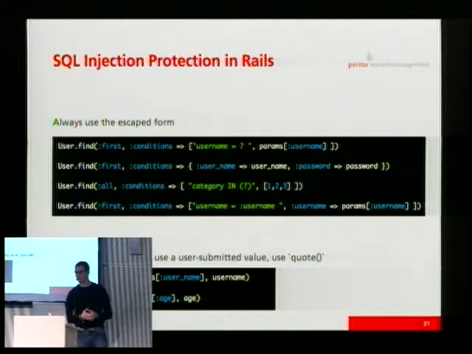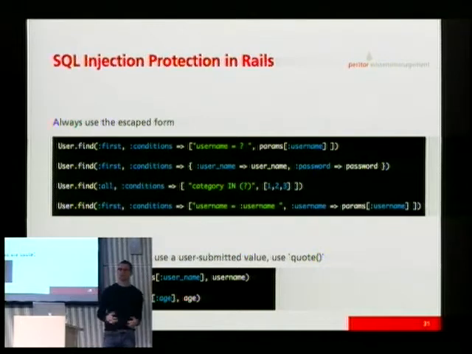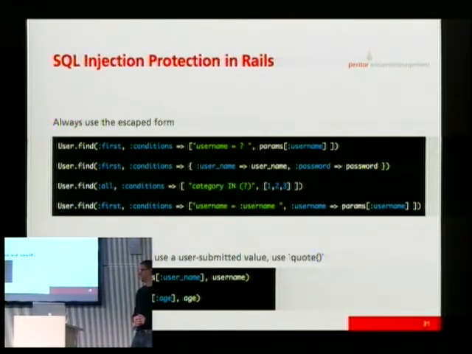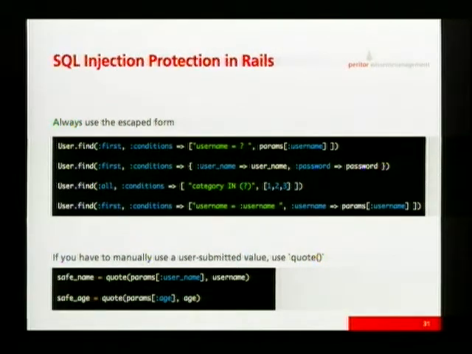It's really handy if you have big, long filters and where clauses where it's not easy to know, okay, was this value the first, the third, the fourth or the fifth question mark? So you can even use this kind of named lookup definition.